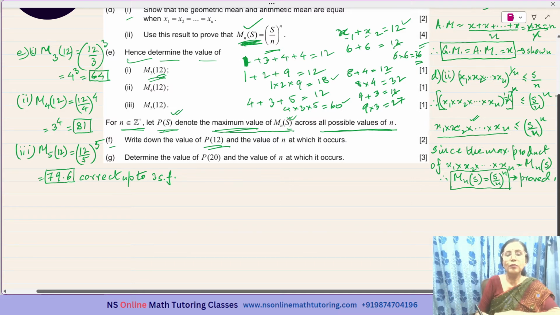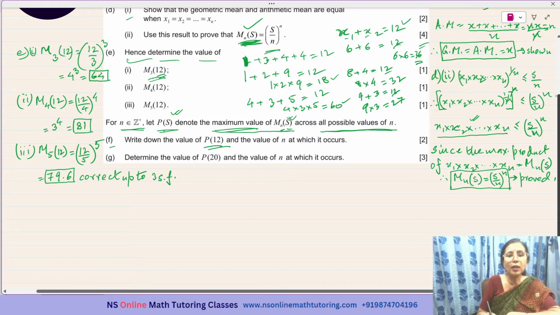The maximum value can occur at multiple values of n, but that is not the case here. There will be a single value of n where the maximum value, that is P of S, will occur. Okay, and they are saying find P of 12.